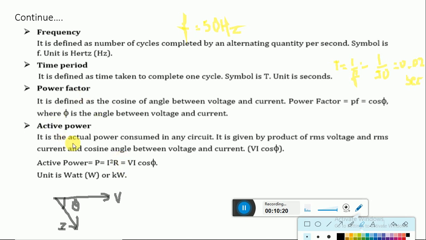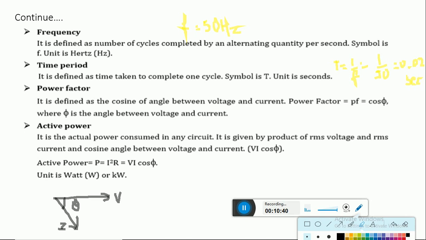Now active power is the actual power consumed by the circuit. Suppose we take an example: at our house we have the AC. The AC has different ratings, 1 ton, 1.5 tons.